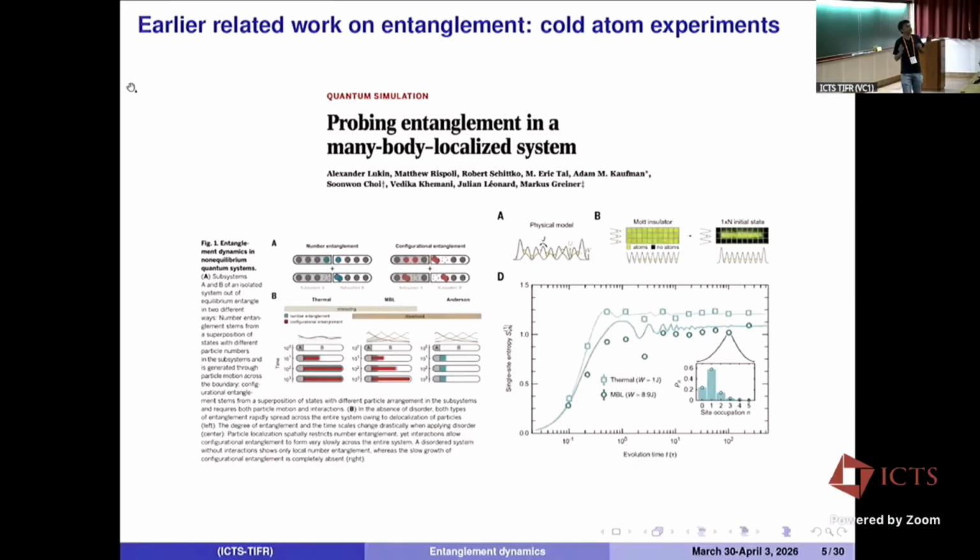Because it's a finite system, it eventually will equilibrate, and this is what you find. Okay, so this paper has some nice discussion of how the entanglement entropy can be divided into two parts. One which is related to number fluctuations, and the other which is related to fluctuations in the configuration of particles.